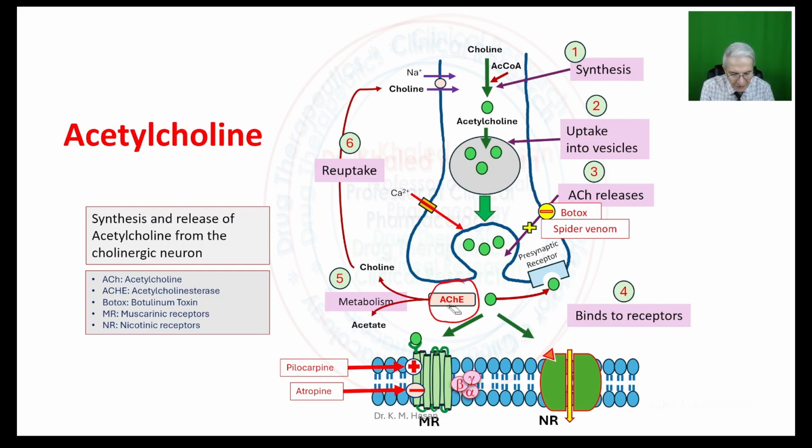If I clean this one here to show you the minus, you can see here we have a list of medication able to inhibit this enzyme. And when you inhibit this enzyme, which we know is responsible for metabolism of acetylcholine, the result will be increased level of acetylcholine in our body.